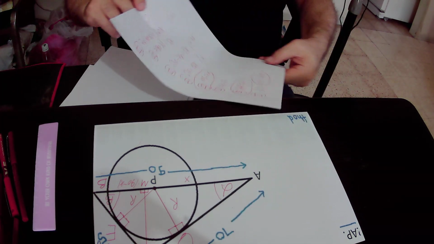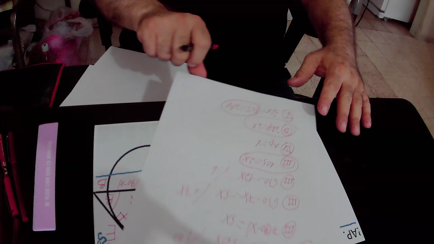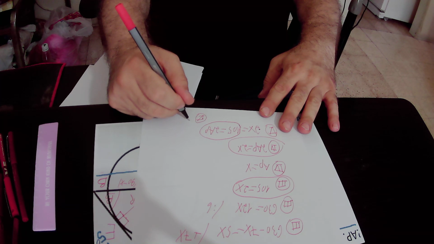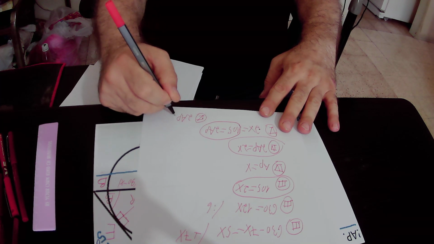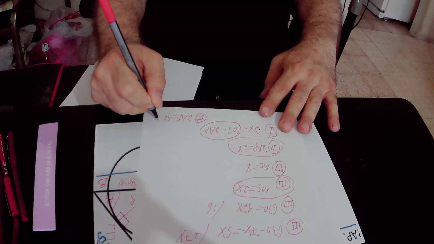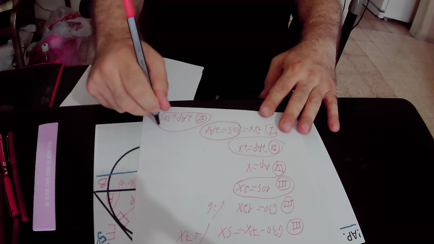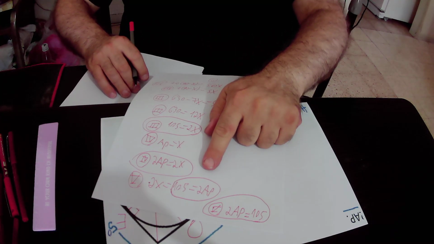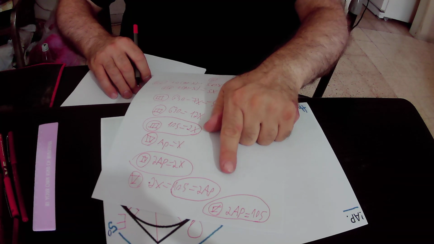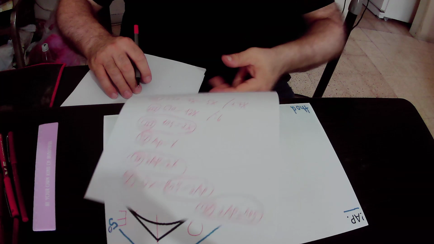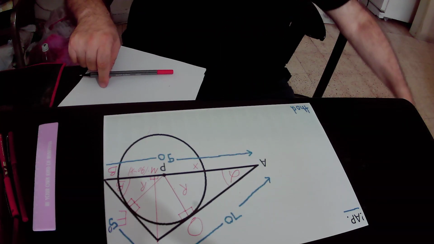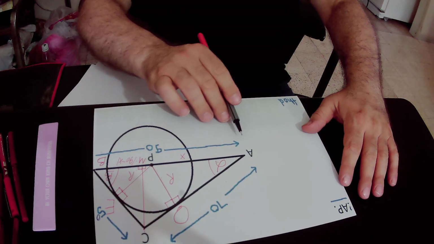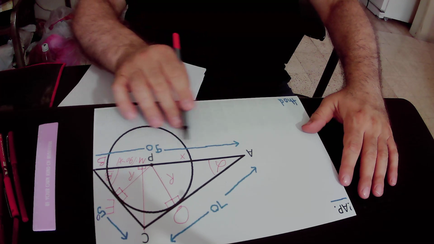units. Okay, we got the equality that 2 times AP equals 105 units. Okay, we got this equality that 2 times AP equals 105 units, and actually that is the answer to our question, to find out the value of 2 times AP.